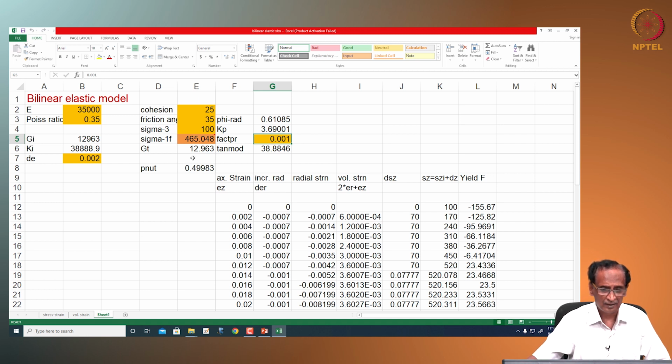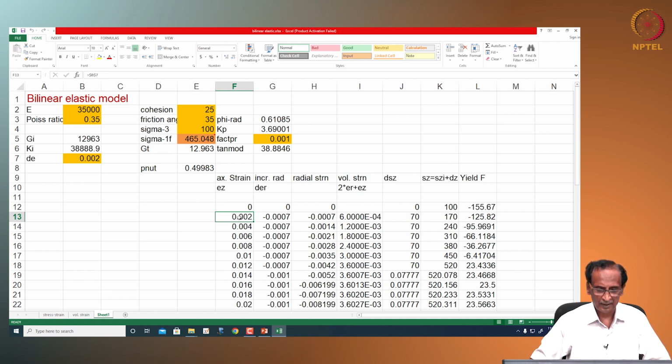So, the tangent shear modulus is 12.963, and then the tangent shear modulus is 0.49. Okay. And our calculations are like this.